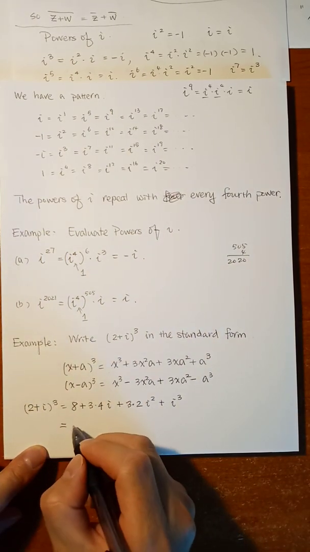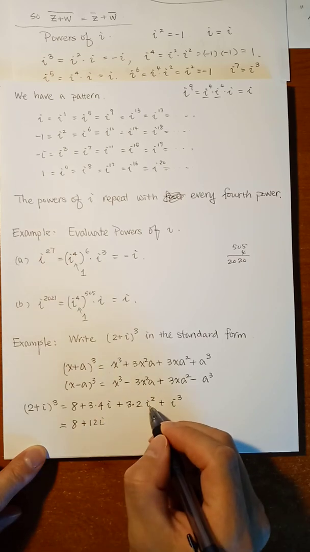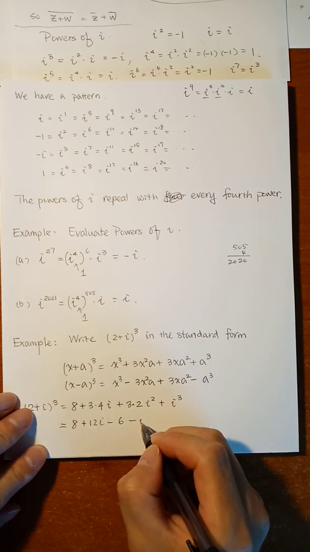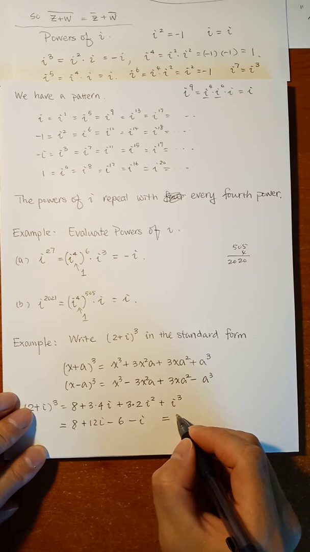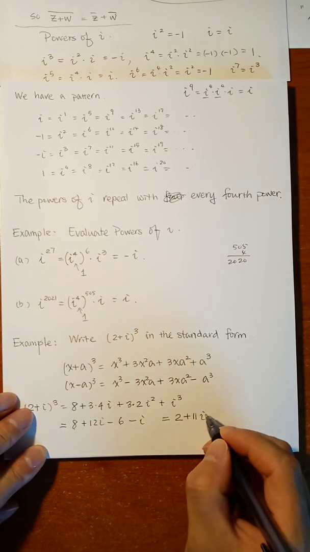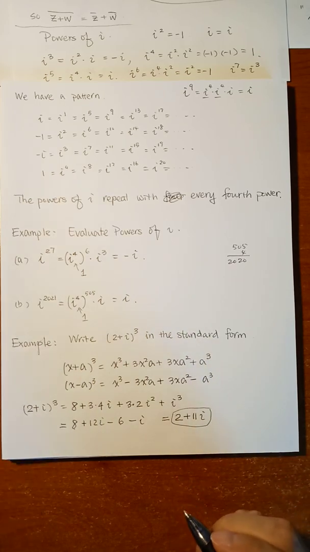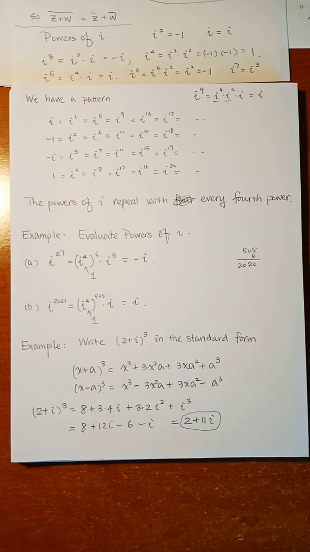So 8, plus 12i. i squared is negative 1, so minus 6. i cubed is negative i, so minus i. 8 minus 6 is 2, and 12i minus i is 11i. So the answer in the standard form is 2 plus 11i.